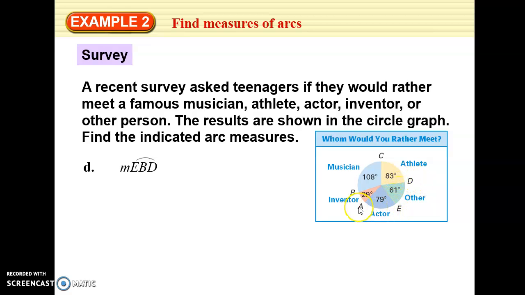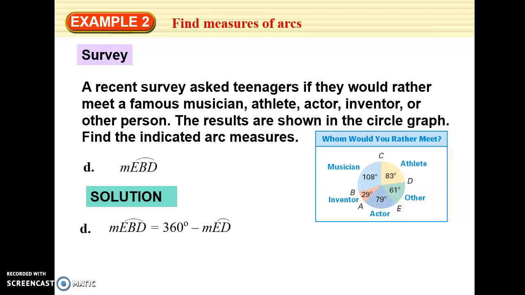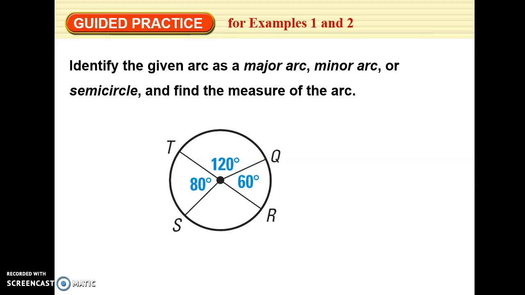Remember, it's A to D. 360 minus AD, that is only the green part that is here, and 360 minus 61 will give us 299. Or if you want to add, 79, 29, 108, and 83 will be the same result at the end.